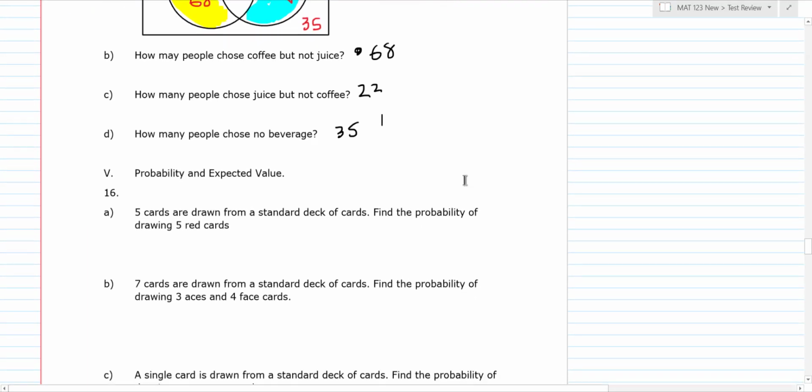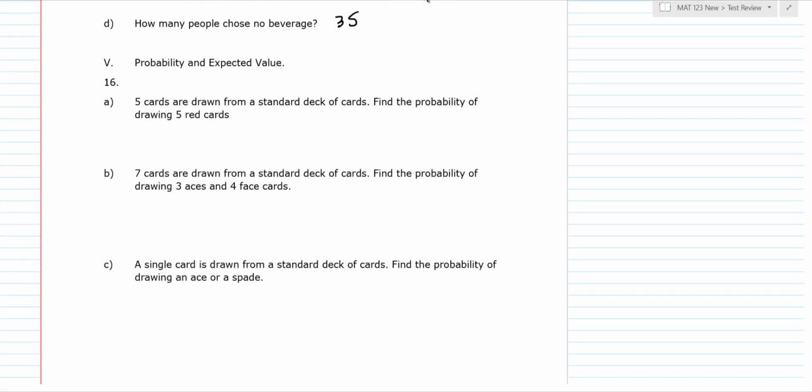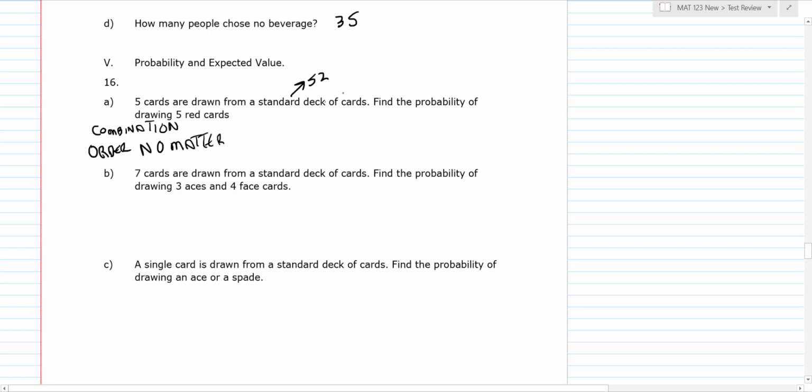Okay, next thing I'm going to review is probability and expected value. This problem says 5 cards are drawn from a standard deck, which of course has 52 cards. Find the probability of drawing 5 red cards. Now these are combinations, and remember, in a combination order does not matter. So we set this up like this.